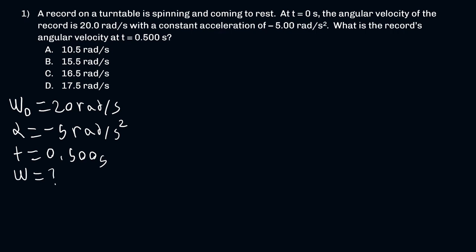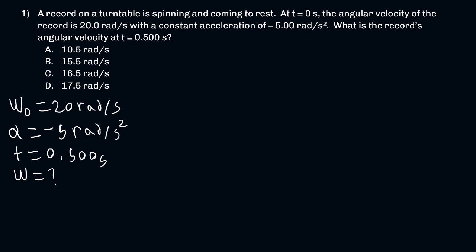All right, so what I'm going to do with this is look on my reference table for my angular kinematic equations and figure out an equation that goes directly with this. I see that I'm looking for my final velocity. I have a time, an angular acceleration, and an initial angular velocity.